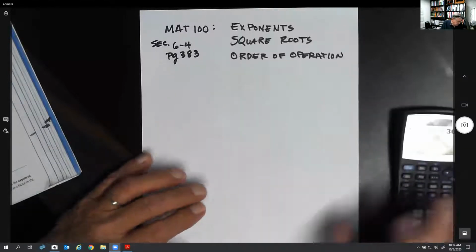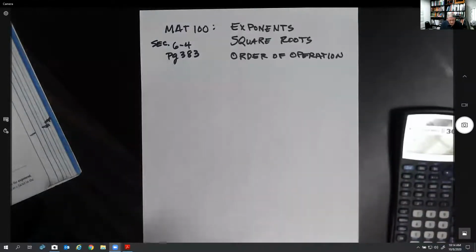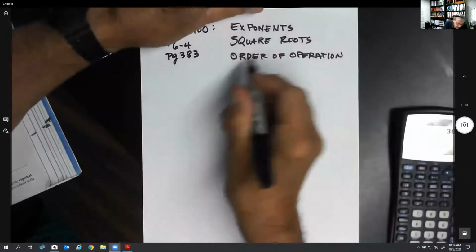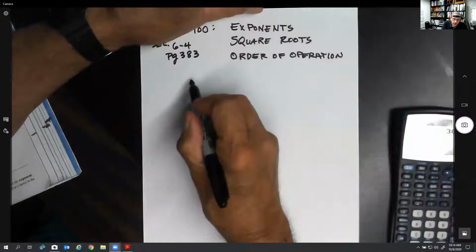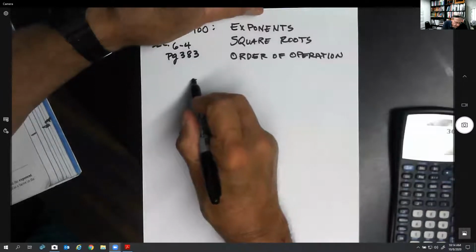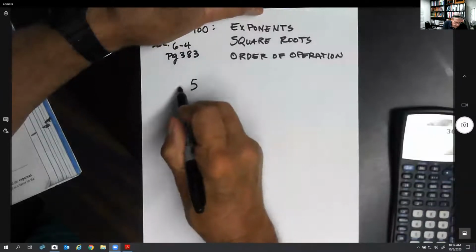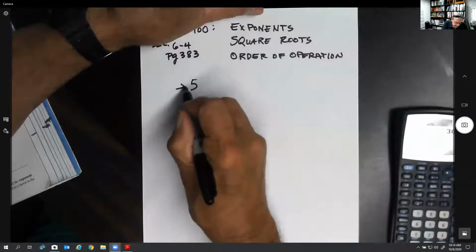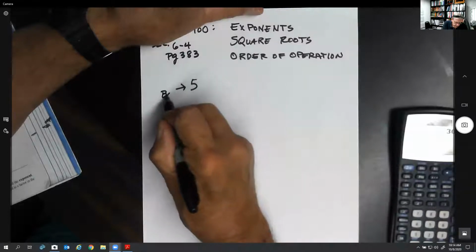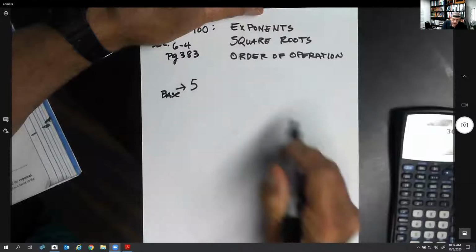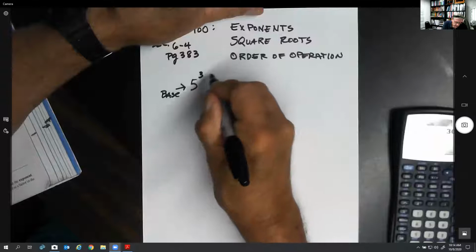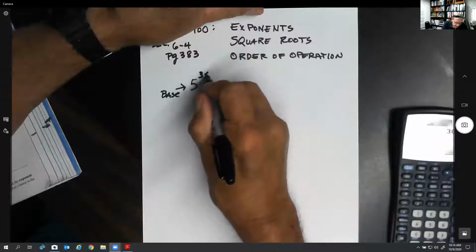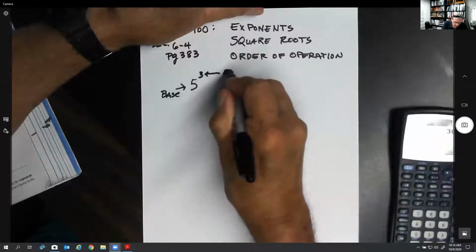So let's get started. When you have a number that's raised to a power or an exponent, you're going to have something like this. You're going to have a number. This large number is going to be called the base, and the small number up here, maybe a 3, is going to be the exponent.